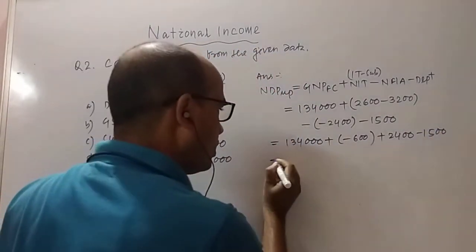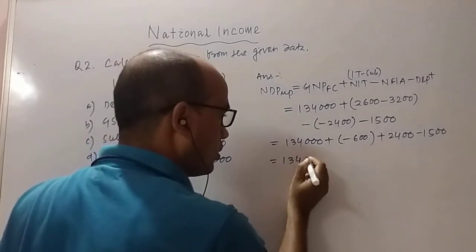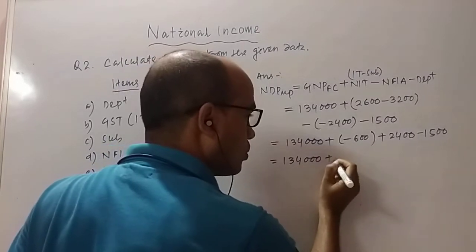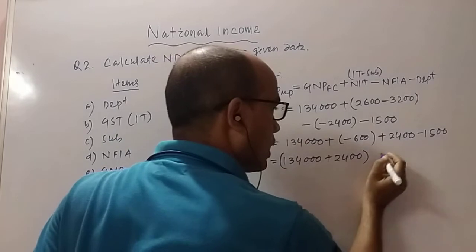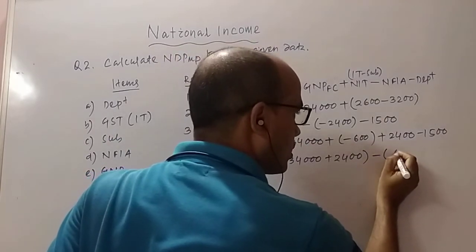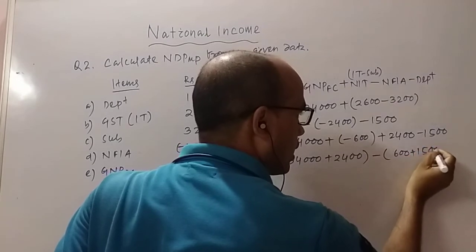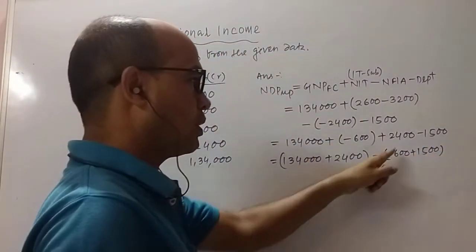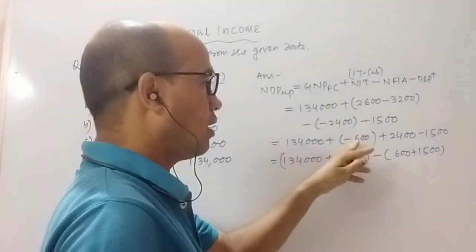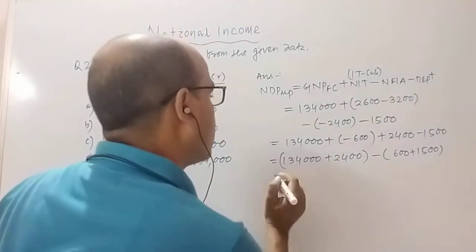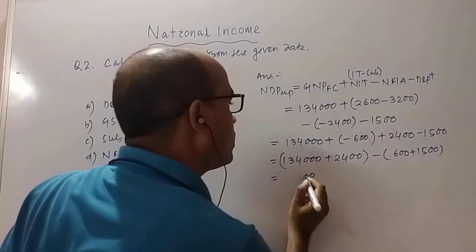So 134000 plus 2400, and minus 600 minus 1500. Since minus is common, I take that common: 600 plus 1500 is 2100.